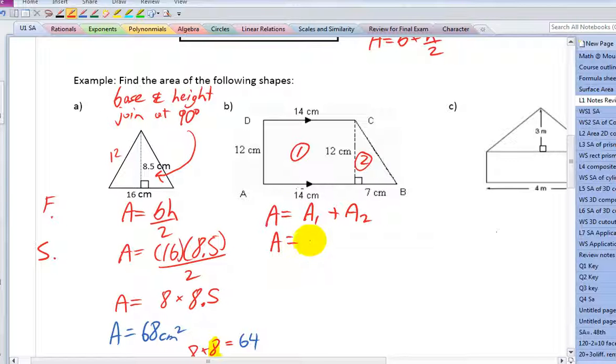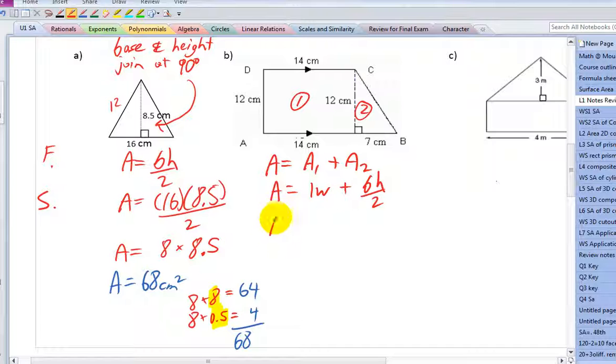The area total will be length times width plus base times height divided by 2. Okay. Go ahead, substitute in now. Find your 2 answers, then add them up. Go. Use the calculator if you like.